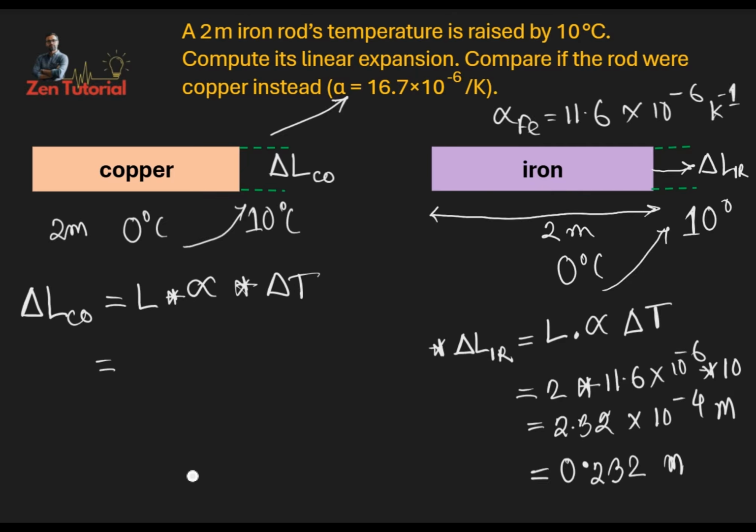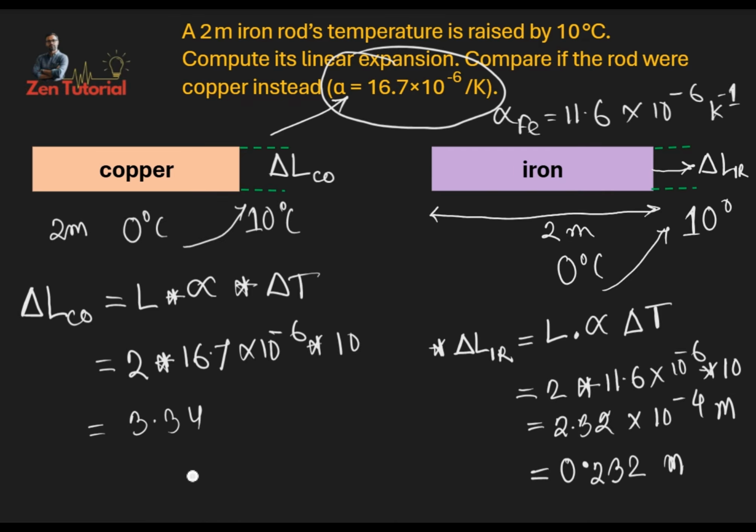Here the only change will be the linear coefficient for copper, and length is 2, and this will be 16.7 into 10 to the power minus 6, and temperature is 10. So we have 3.34 into 10 to the power minus 4 meter.